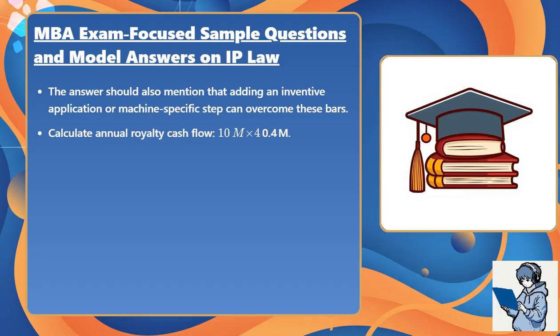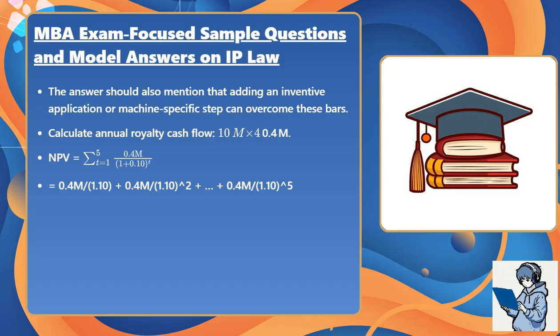Calculate annual royalty cash flow. $10 million times 4% equals $0.4 million. NPV equals the sum from t equals 1 to 5 of 0.4 million divided by 1.1 to the t, equals 0.4 M divided by 1.1 plus 0.4 M divided by 1.1 squared, and so on through 0.4 M divided by 1.1 to the fifth.